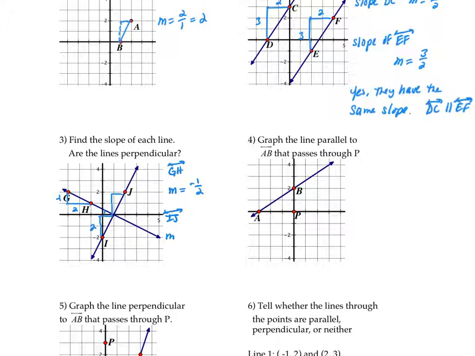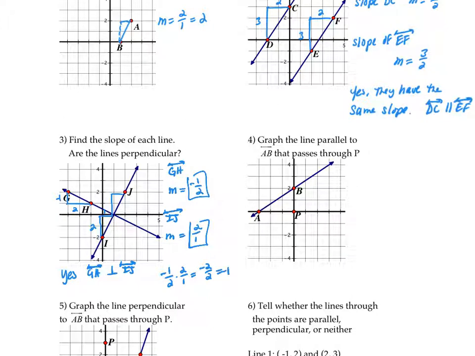I double checked by doing it twice. 2 over 1. They certainly appear to be negative reciprocals. You can also test it by multiplying them. You get -2 over 2, which is -1. So yes, GH is perpendicular to IJ.